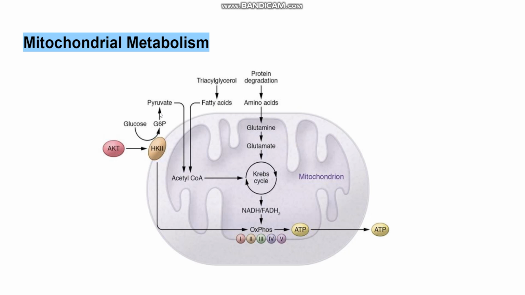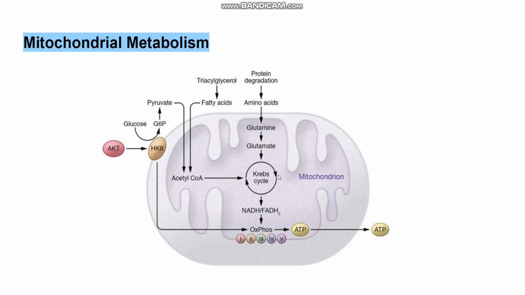And then you'll see that pyruvate, very, very important, guys, will get moving into the mitochondria. The pyruvate will move into the mitochondria and get converted. Before we said glucose to pyruvate, this is called glycolysis. Now we have pyruvate going inside the mitochondria, and now it becomes acetyl-CoA.